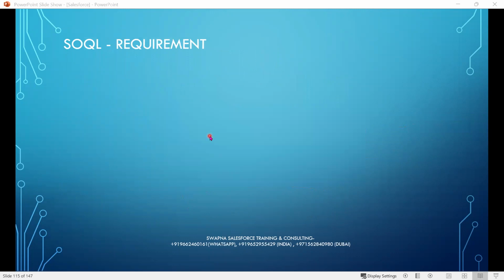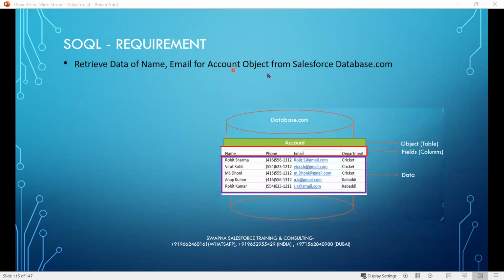Let's see one of the requirements that we have received from the client. The requirement is to retrieve the data of name and email for the account object from Salesforce database.com. The client is interested to know the name and email from the account object.